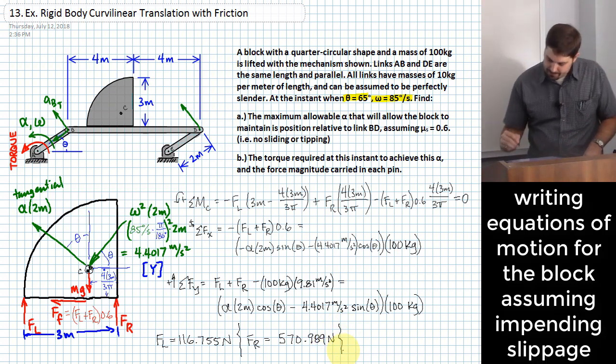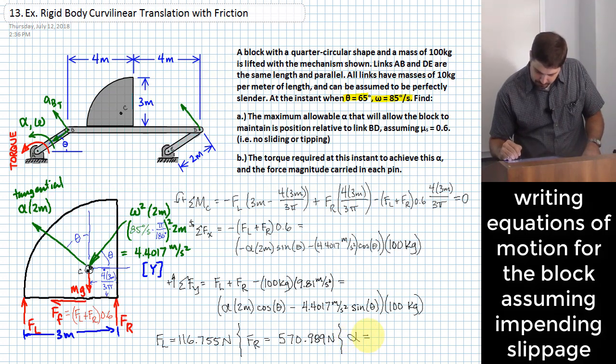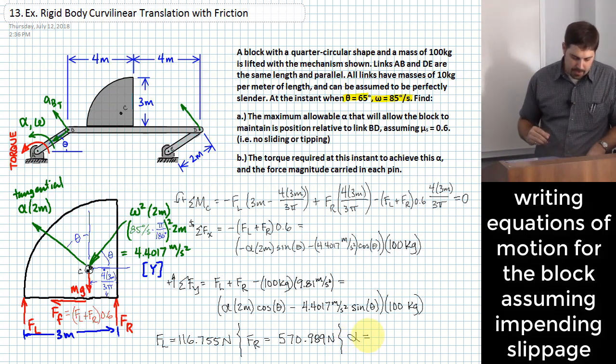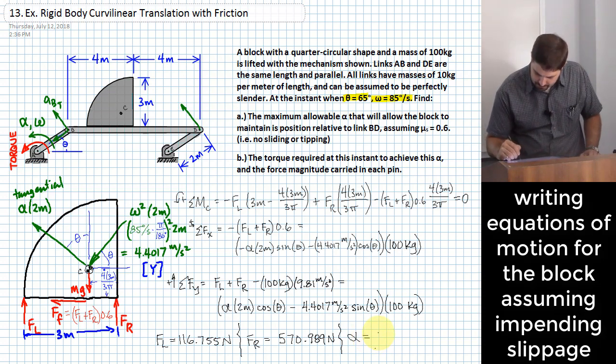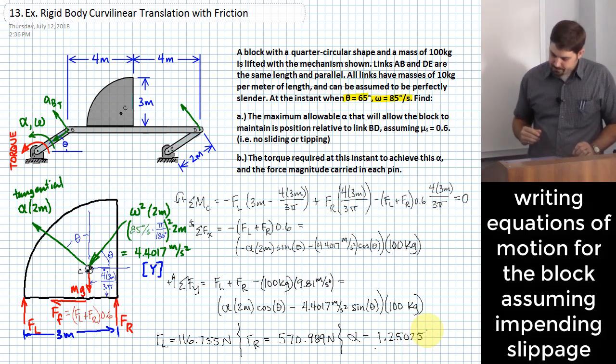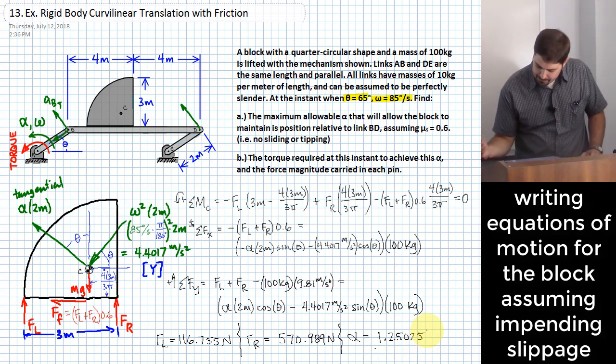And alpha is 1.25025, and that is radians per second squared.